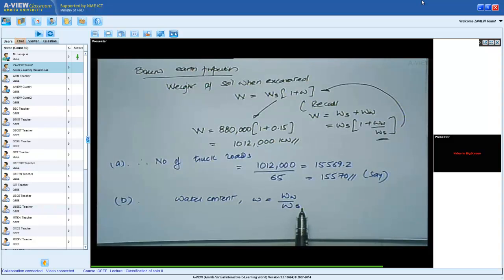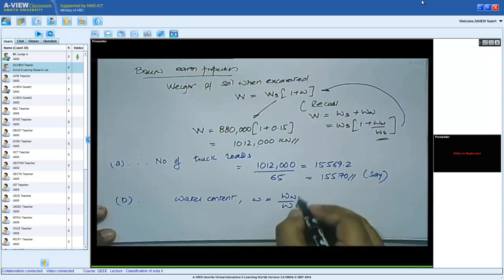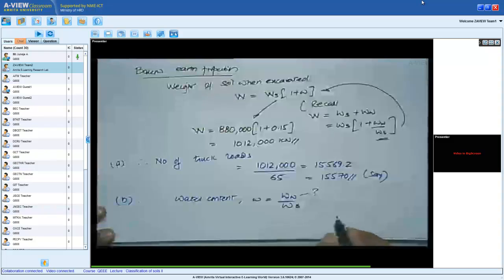I have the weight of solids, which is fixed for both before compaction and after compaction, meaning the weight of solids from the borrow area and the weight of solids in the embankment is the same. So I can determine the weight of water.